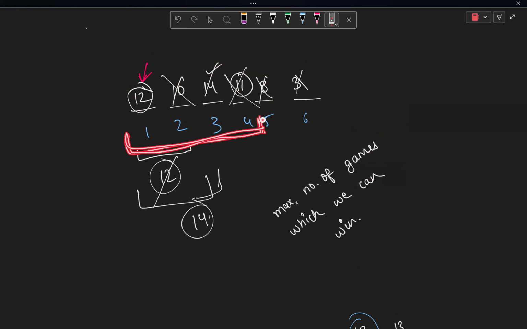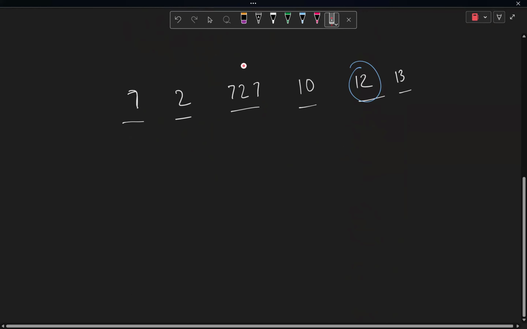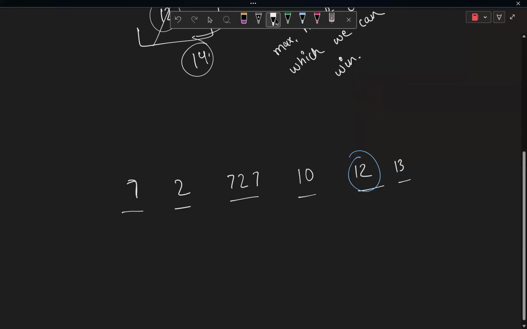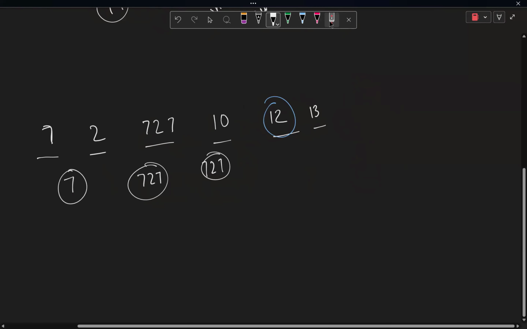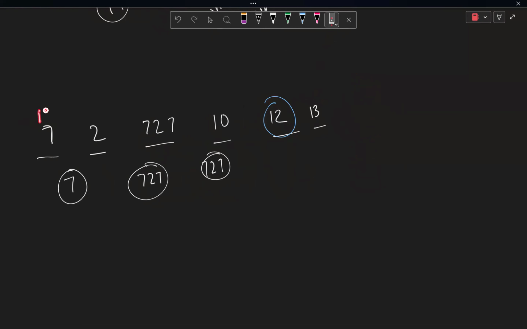So you would fight with the cow having the maximum rating among them. If you see, 7 and 2 will compete, 7 will win. Then 7 2 7 will compete, so 7 2 7 will win. Then 7 2 7 and 10 will compete, 7 2 7 will win. And now, when it would be your turn to compete with somebody, you would be competing with the one having the maximum value in the prefix till now.